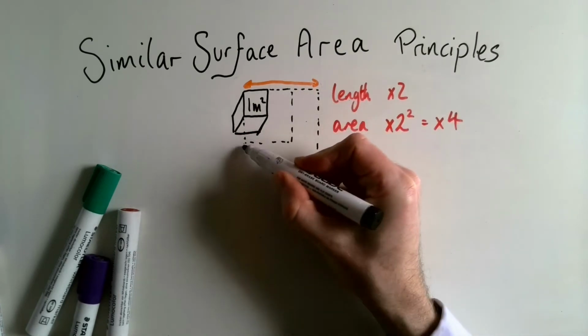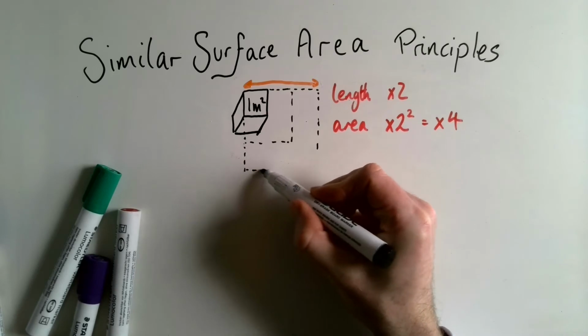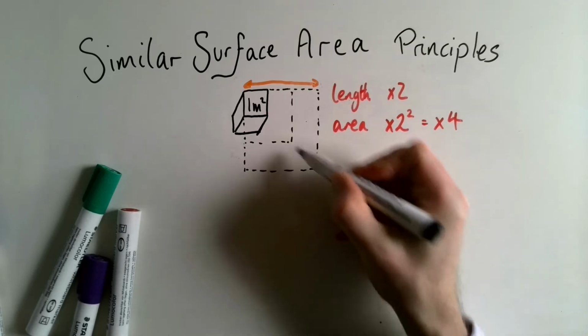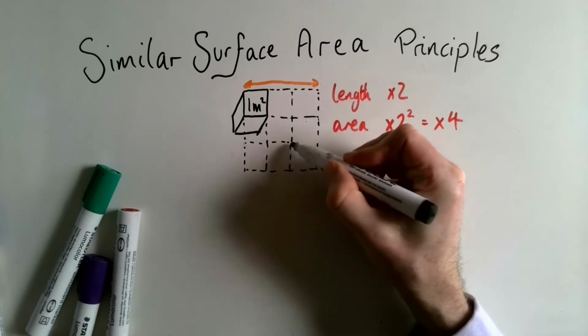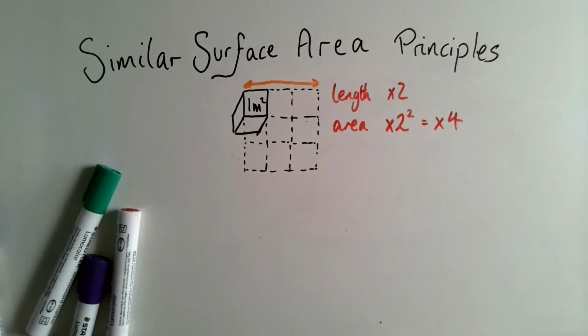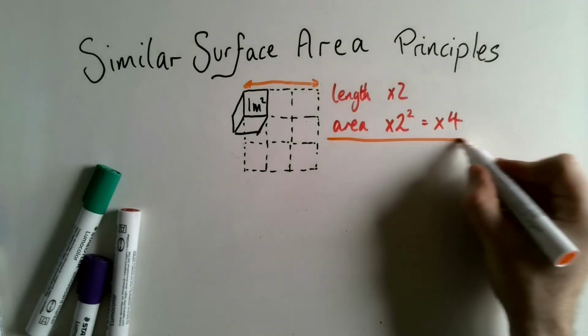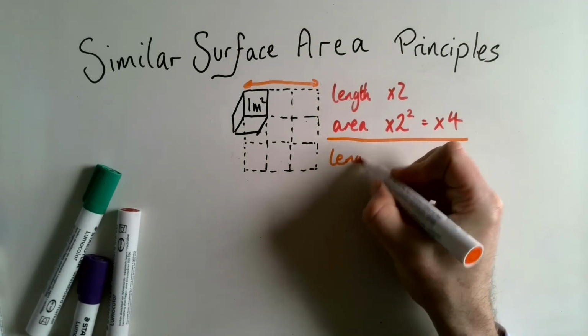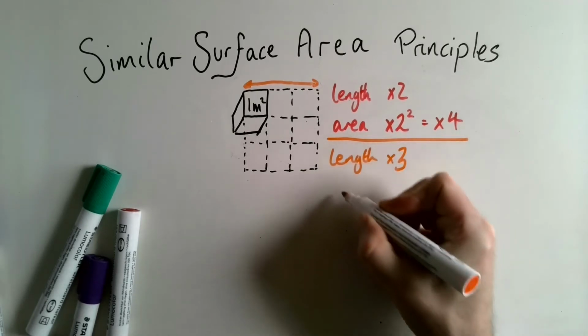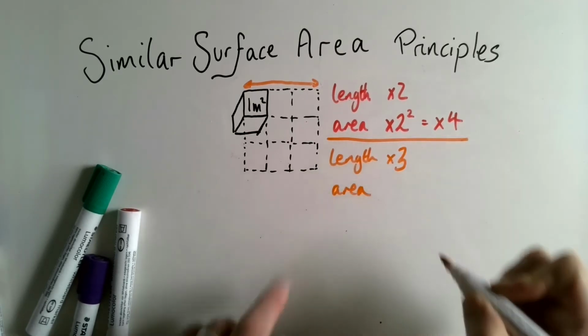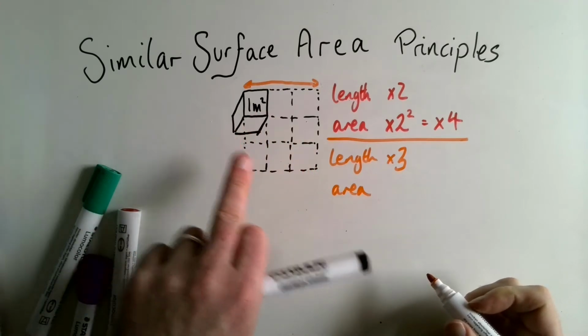And that would come down that bit further to be like that. Now if I continue dotting that all the way across, I'm hoping that you can see that when the length is times 3, the area, this looks a bit like the face of a Rubik's cube, doesn't it?